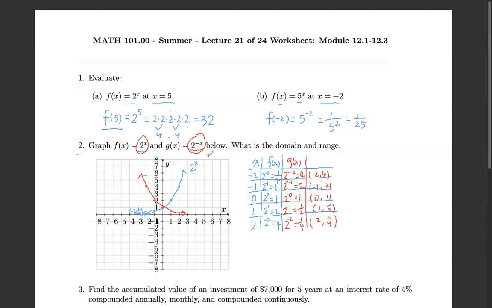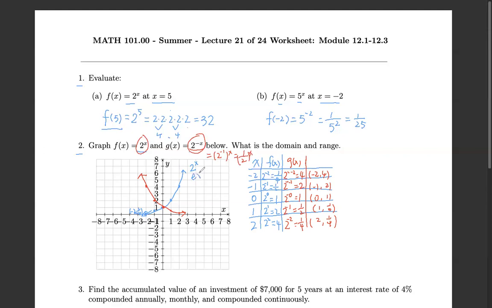Well, 2 raised to negative x, we can also think of as 2 raised to negative 1, then x, which is a half raised to x. So those are the two graphs. And the blue one, because it's growth, right? The blue one, we see the function increases.